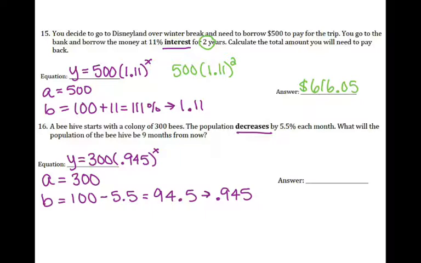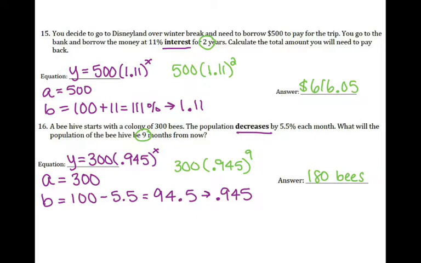And of course, to answer the question, I'm going to plug in 9 for x. So in my calculator, this is what I am typing in. 300, oh, I was about to write 6. I want 9. So 300 times 0.945 to the 9th power gives me approximately 180 bees after 9 months.